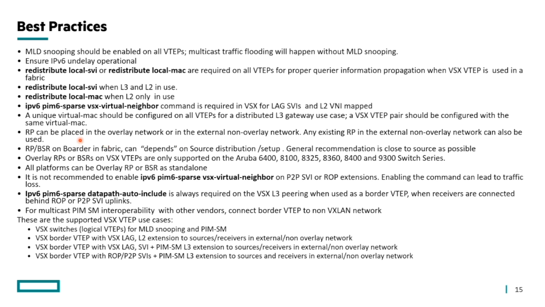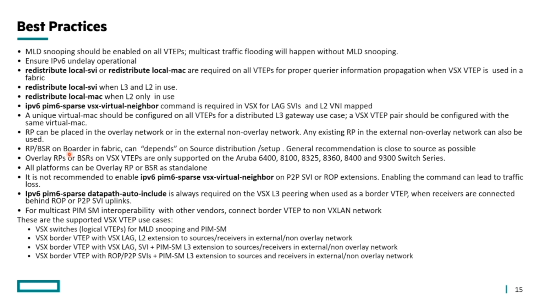And then where do we place the RPs? They can be either in the external non-overlay network. So if a customer's already using an RP, they can have that in their non-VXLAN network, and we can connect with them with a border VTEP.